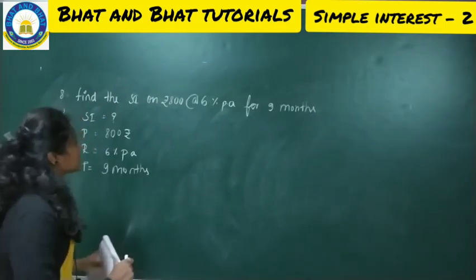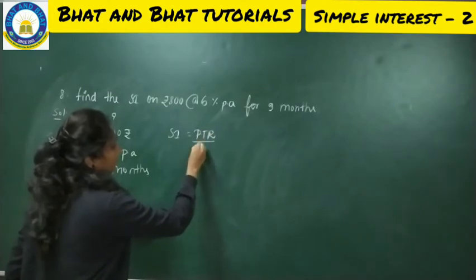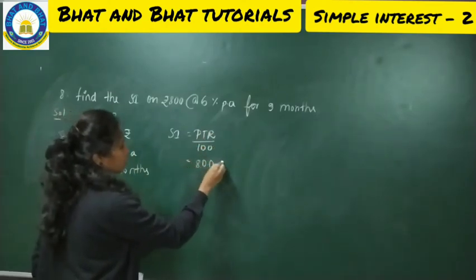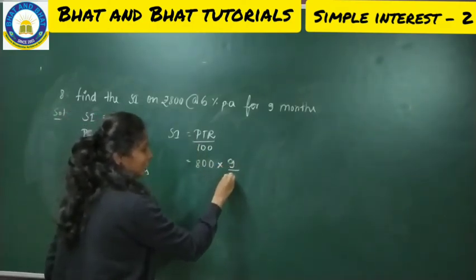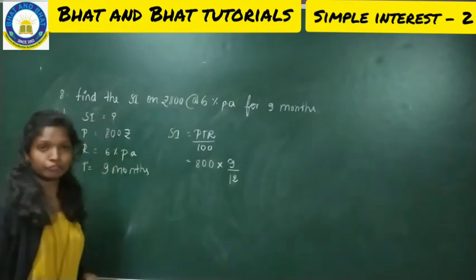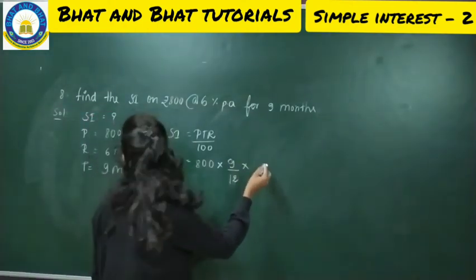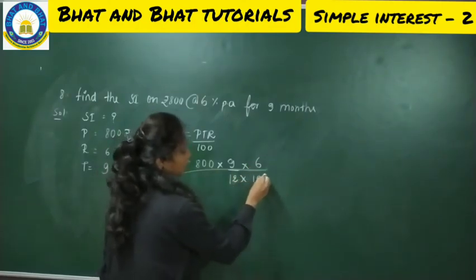What you have to do in this situation? Put the formula first, PTR by 100. So what is the principal here? 800. What is the time? 9 months, 9 divided by 12. Out of 12 months, 9 months interest, into rate, how much is it? 6%. 6 into 100.